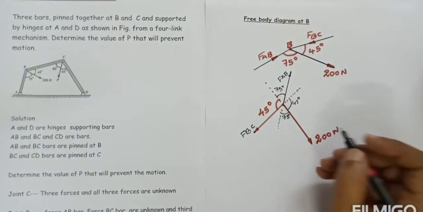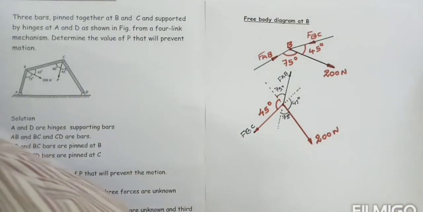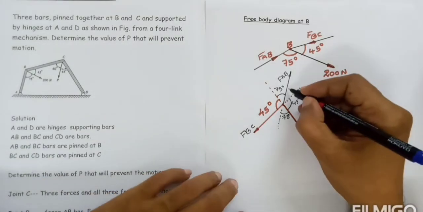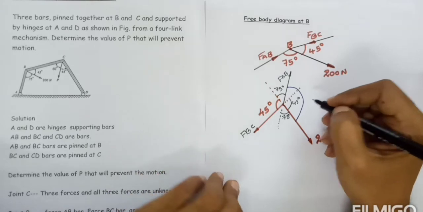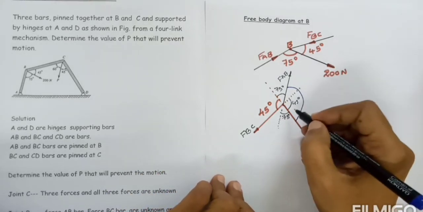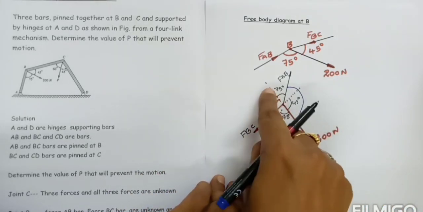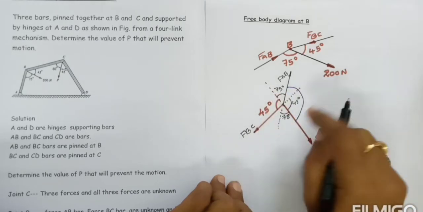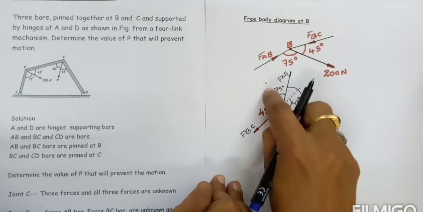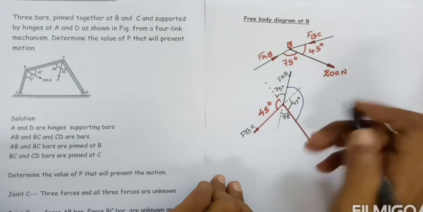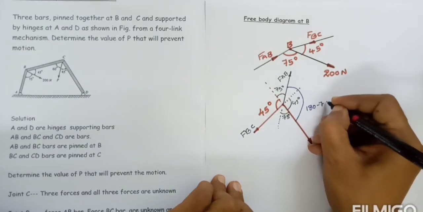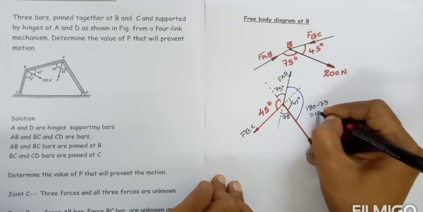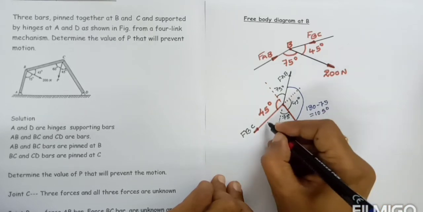Then this angle becomes 180 minus 75, a straight line angle, which is equal to 105 degrees.